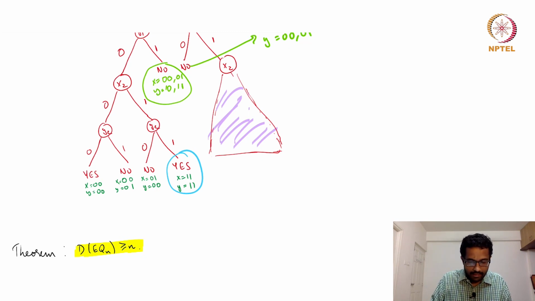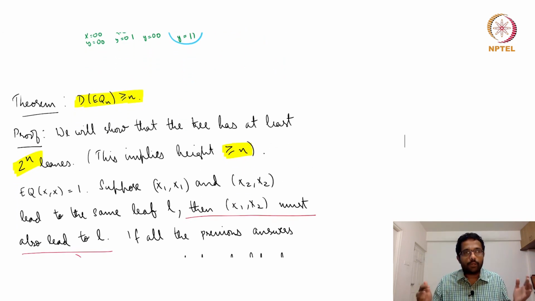What we are saying here is that any two distinct yes input pairs must go to 2 different leaves, and we know that there are 2 power n possible binary strings of length n. So there are 2 power n possible yes input pairs, starting from all 0, where Alice has the all 0 input and Bob has the all 0 input. Let's say Alice has 0 0 0 0 1 and Bob has 0 0 0 0 1, up to the all ones input going to both Alice and Bob.